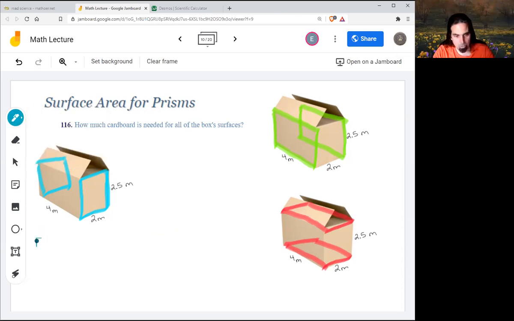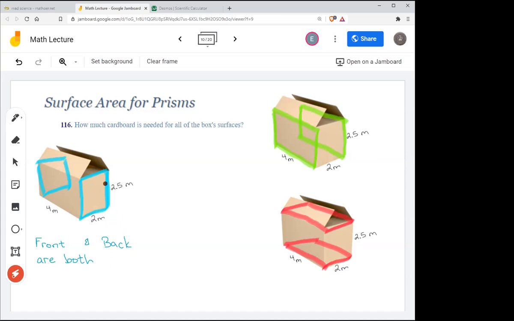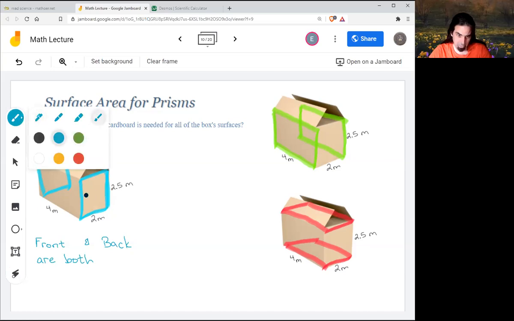So first we want the front and the back. How big is my front? How big is my back? 2 meters? Is that what it is? There's a 2 meters as part of it. And 2.5 meters. 2.5, right? I'm trying to find the area. Oh, I'm shading in the front and back of my box.